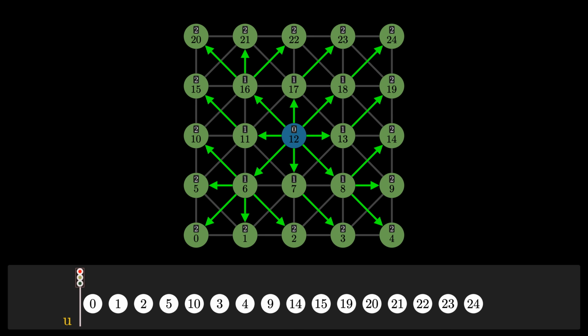Note now that all remaining nodes in the queue don't have unvisited nodes in their neighborhoods, which implies that nothing will happen in the following steps.